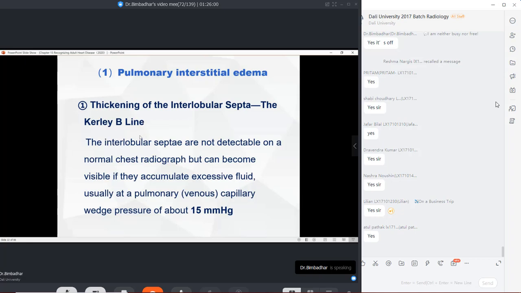B means base here. The Kerley lines happening at the base, so we call them Kerley B lines. The reason is excessive accumulation of fluid because of the changes in the pulmonary venous capillary wedge pressure greater than 15 mm.